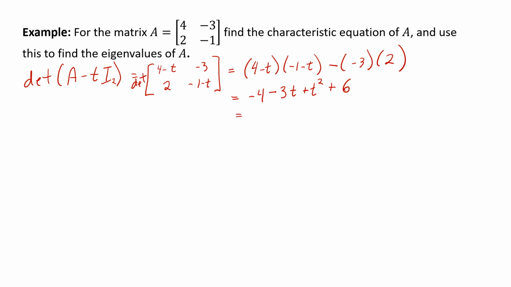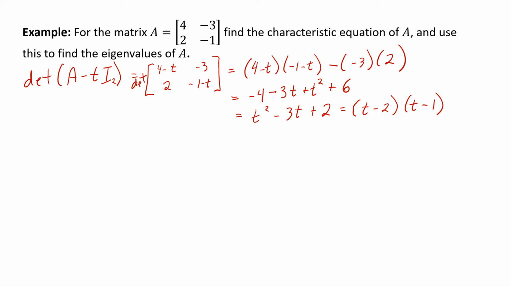Let's rewrite that a little bit to put it in a more conventional form. It's equal to t squared minus 3t plus 2. And if you're used to polynomials, you can factor this. That's equal to t minus 2 times t minus 1.